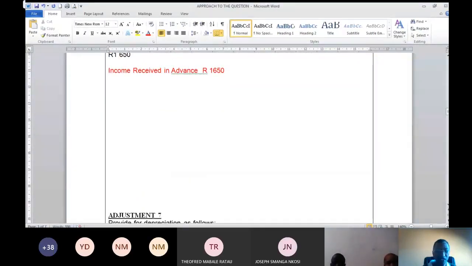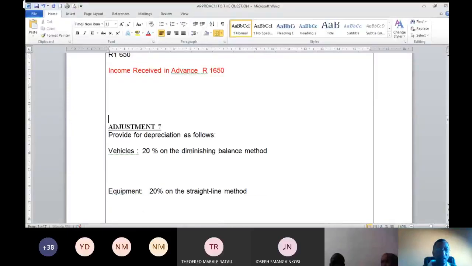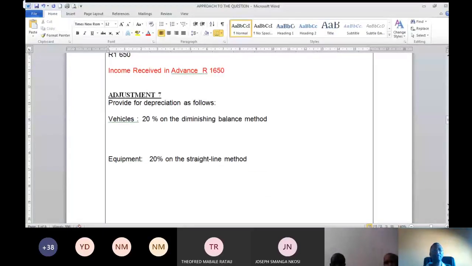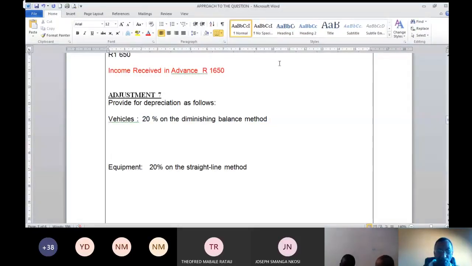Right, guys, I'm on to adjustment number 7. And adjustment number 7 deals with depreciation. They ask you to calculate the depreciation, 20% per annum on the diminishing balance method. Now remember, we've gone through an example of this now. You apply the same stuff, guys.